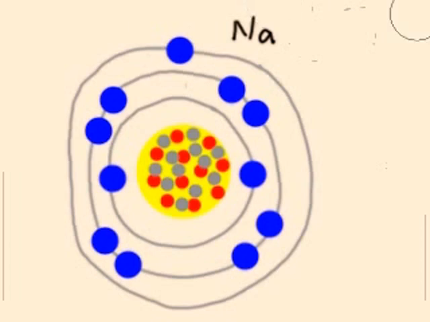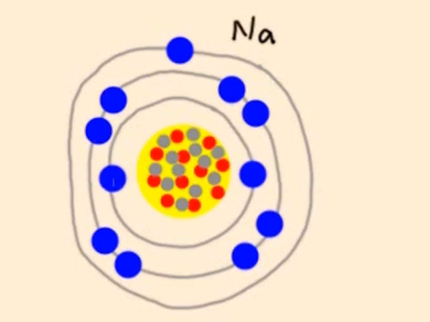Now all atoms basically want to have a complete number. They want their electron energy levels to be either completely full or completely empty. Now if we look at this first energy level, it has 2 electrons and that's full, it's happy. The second energy level has 8 electrons, it's full and it's happy.